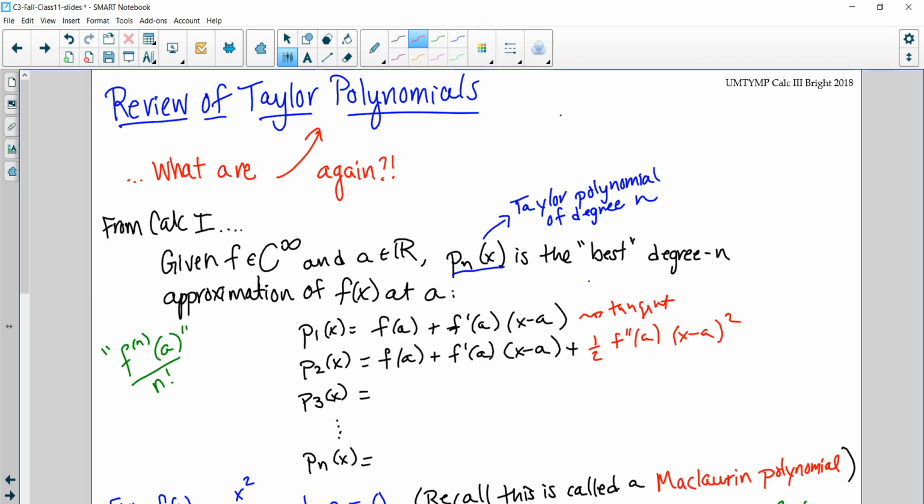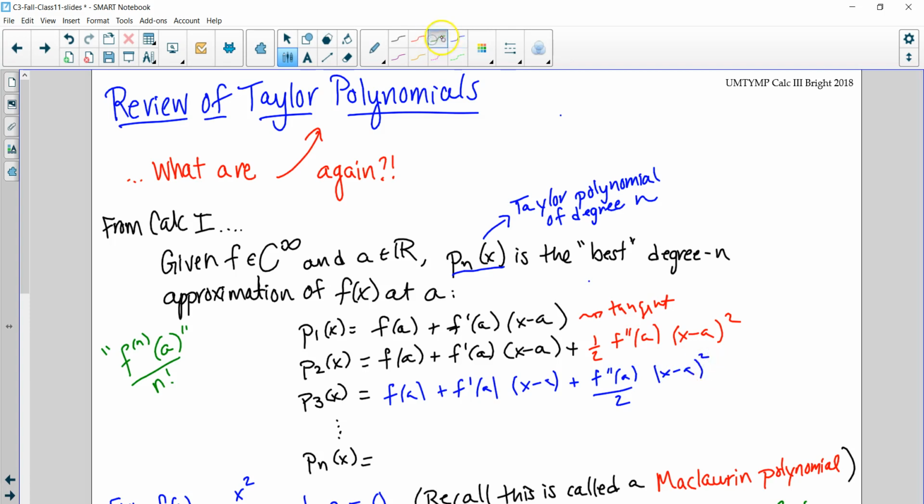Okay, and then similarly for p3, we would have f of a. Each polynomial as you go up includes the previous one. So f of a plus f prime of a times x minus a, plus the second derivative at a over 2 times x minus a squared.